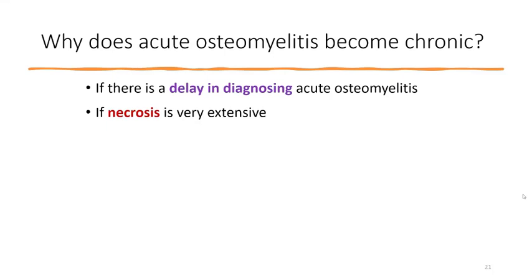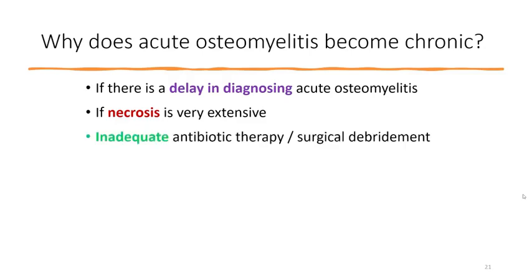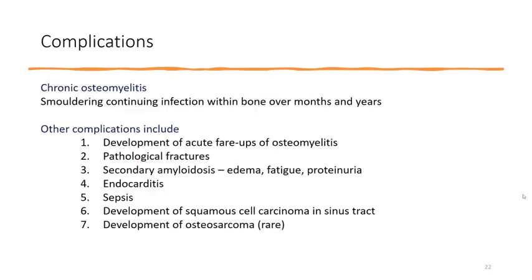If the necrosis is very extensive, then again acute osteomyelitis will progress into chronic osteomyelitis. And if the antibiotic treatment or surgical debridement is inadequate, then again it will progress. And patients who are immunocompromised also have a high risk of progressing into chronic osteomyelitis.